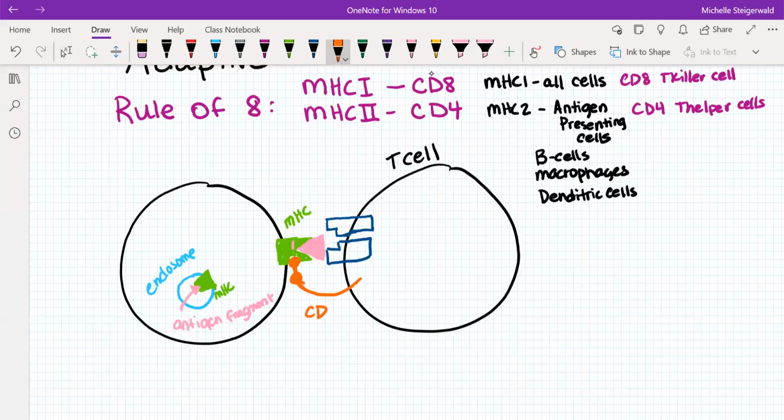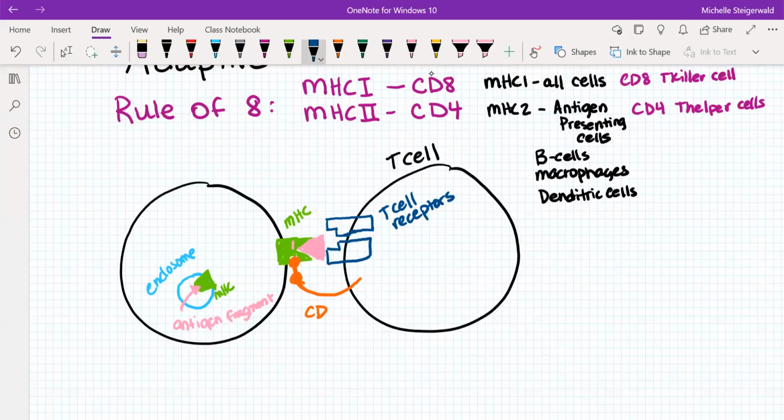be able to bring the 2 cells close enough together that these T cell receptors, which are very specific, can come in and check out the antigen that's being presented.